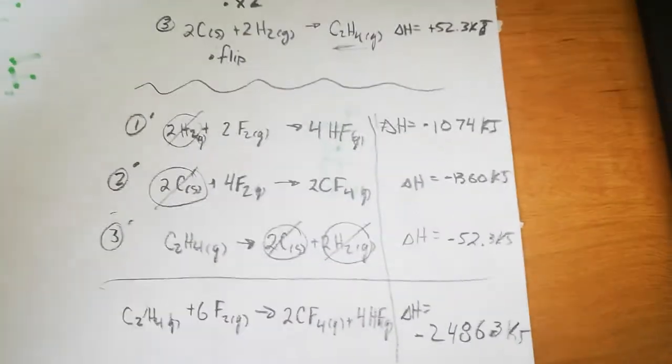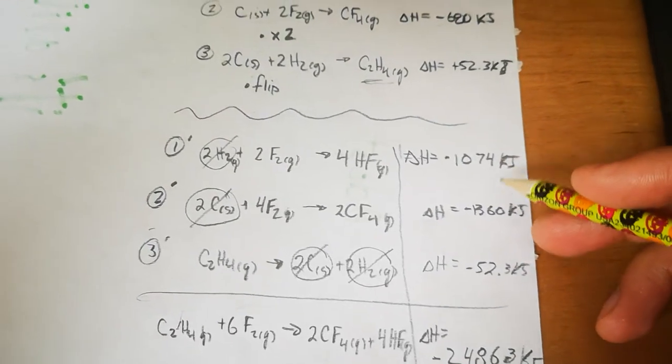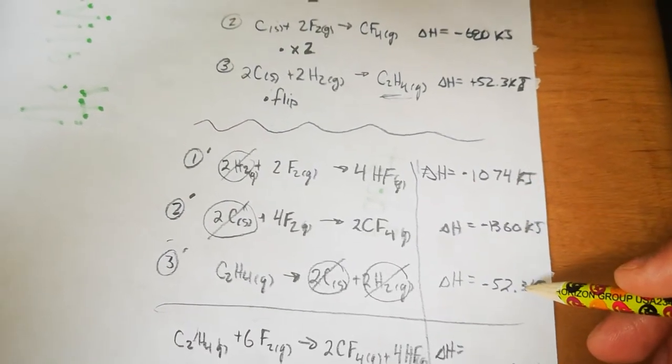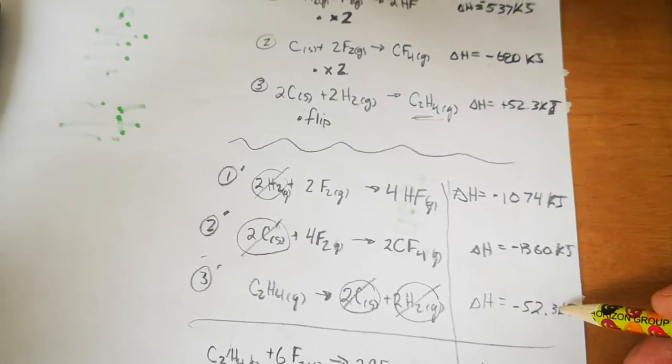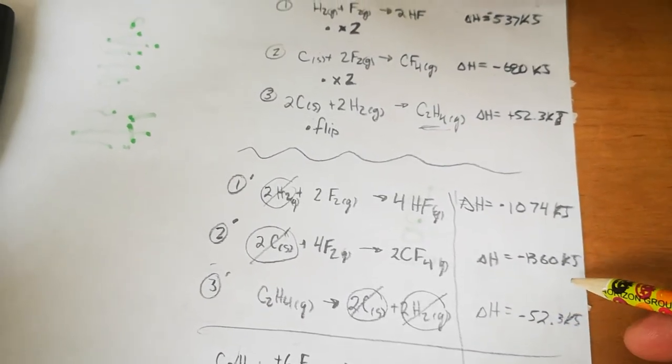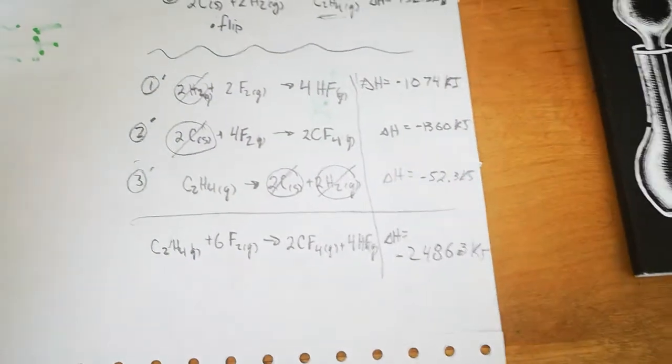I think that math works. You might want to add those up just to be sure. That would be great. I'm looking at this and I'm thinking, yeah, I think that should be good.